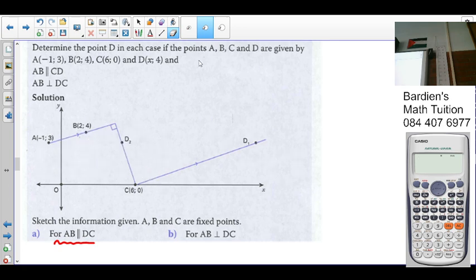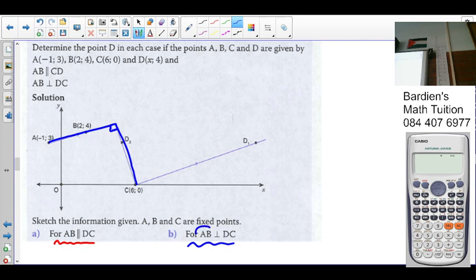In B, they are talking about lines that are perpendicular. So which means to say, we need the gradient of AB and the gradient of CD. Can you see that, people? Lines are perpendicular. So what do we need to work out? The gradient of AB. But you say, hang on, didn't we work out the gradient of AB already?